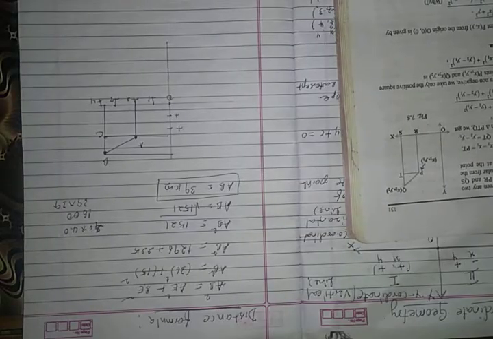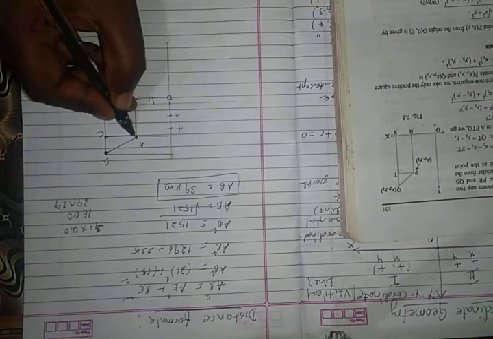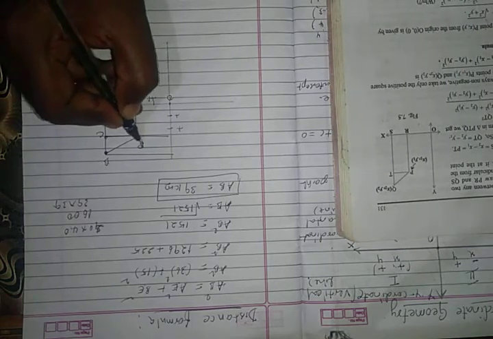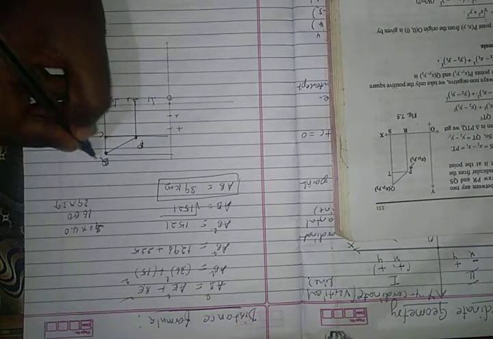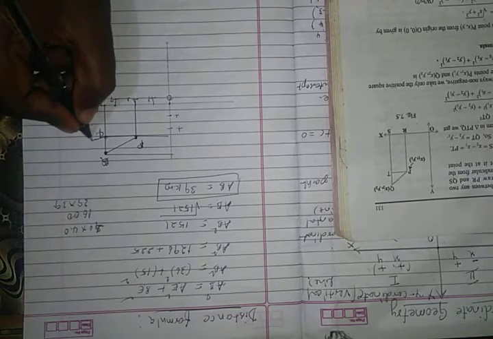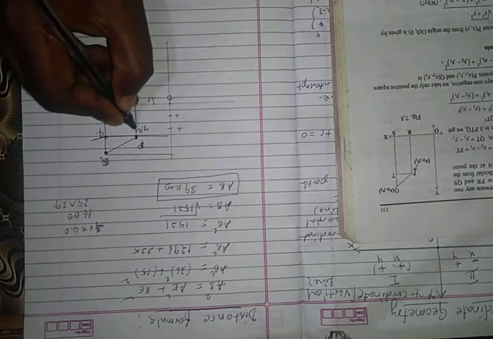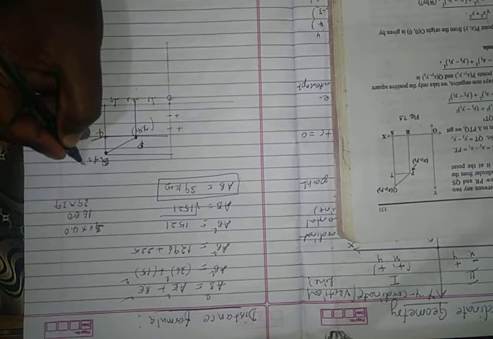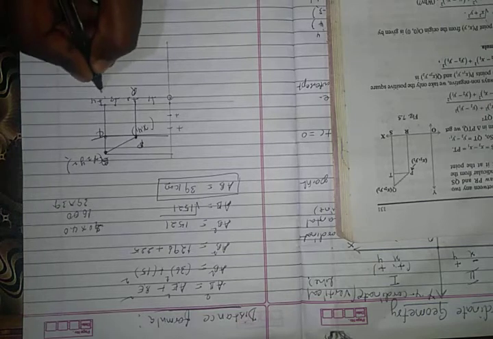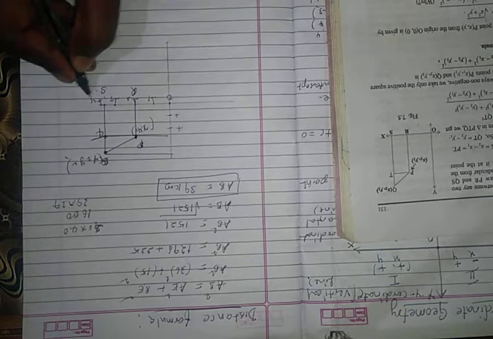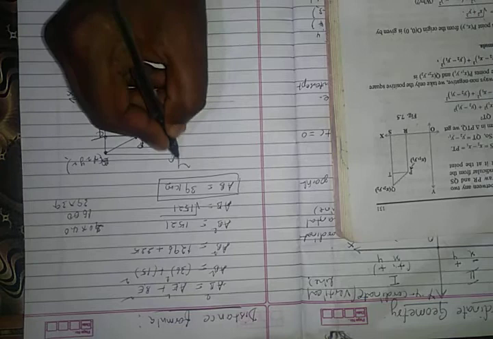Now let us find the distance formula. Let us say the points are P, Q and T. So what is the distance formula? Here it is (x1, y1), coordinate points x1, y1, and this is (x2, y2). This point is R and this point is S. This is the x-axis and this one is the y-axis.